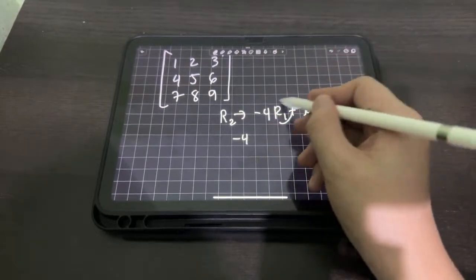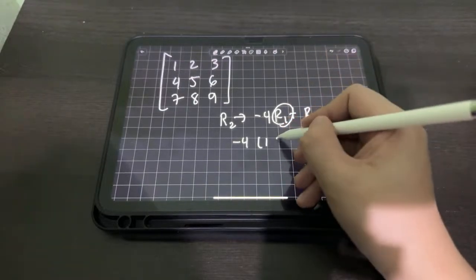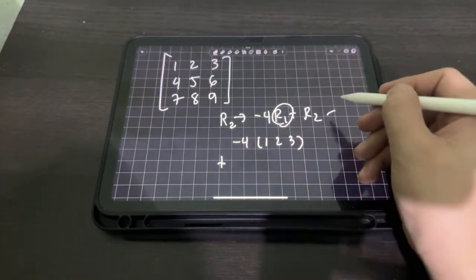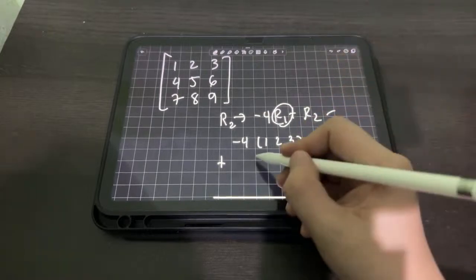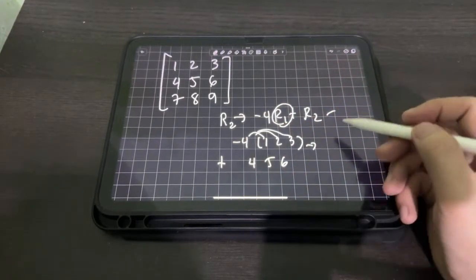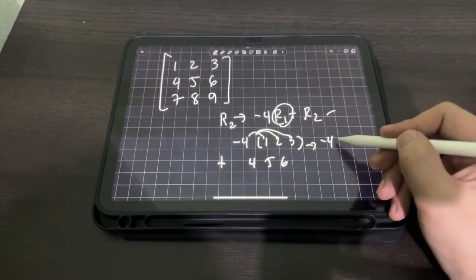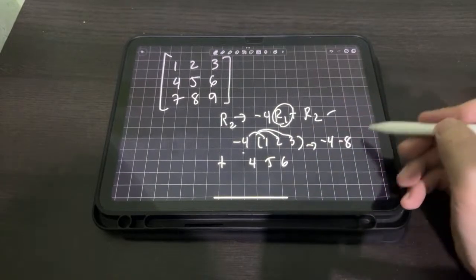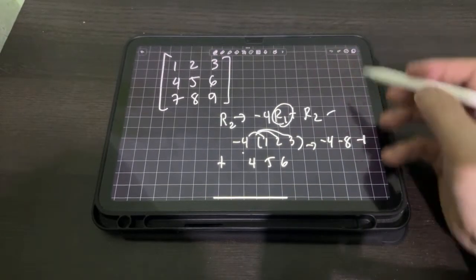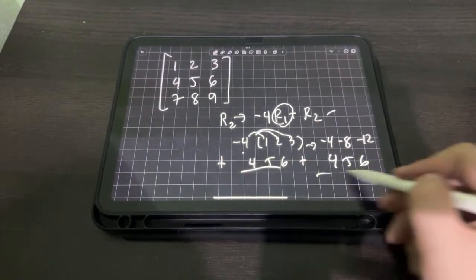So we have -4 times the entries in row 1, which is 1, 2, 3, plus the entries in row 2, 4, 5, 6. We multiply each term by -4 first: -4 times 1, -4. -4 times 2, -8. -4 times 3, -12. Then plus 4, 5, 6.